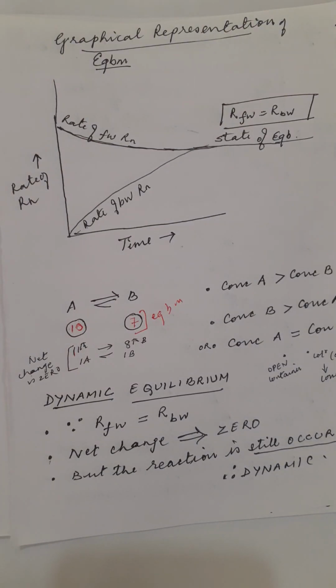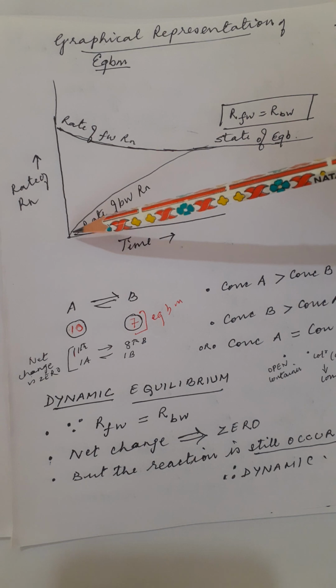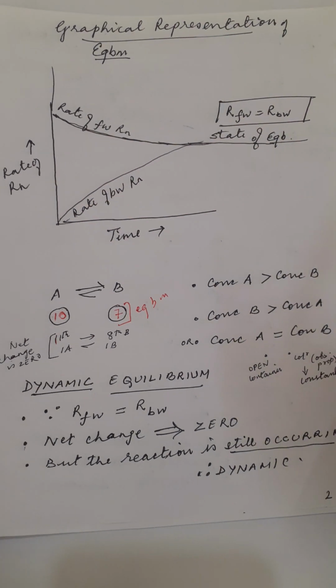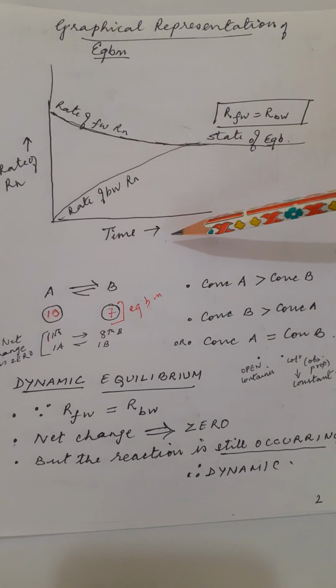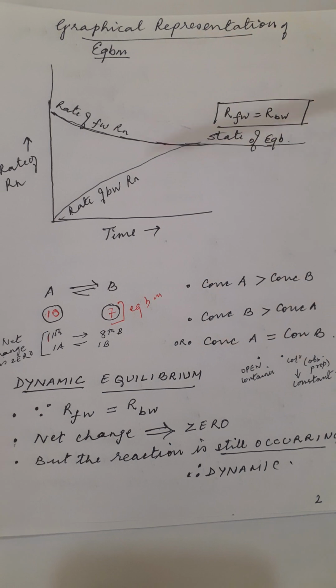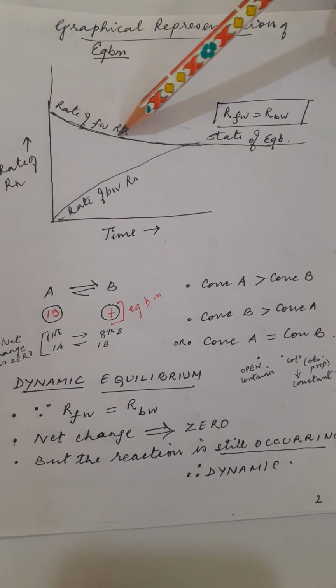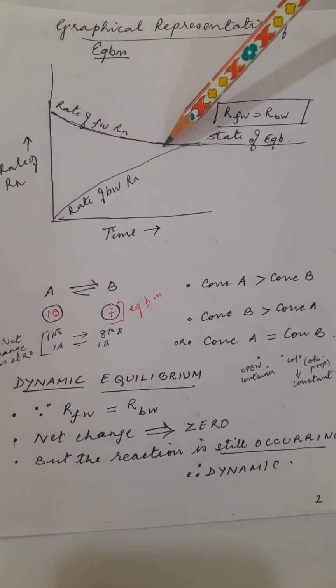Now let us have a graphical representation for the state of equilibrium. On my vertical axis is the rate of reaction, and the horizontal axis represents time. This curve of mine is representing the rate of the forward reaction, that is when the reactants are getting converted into the products.